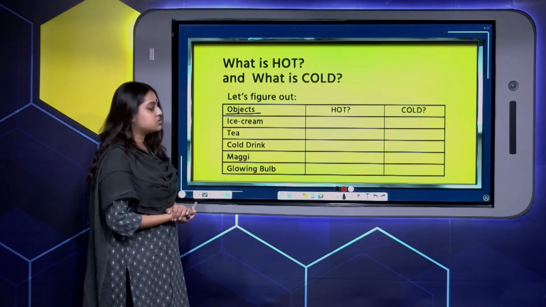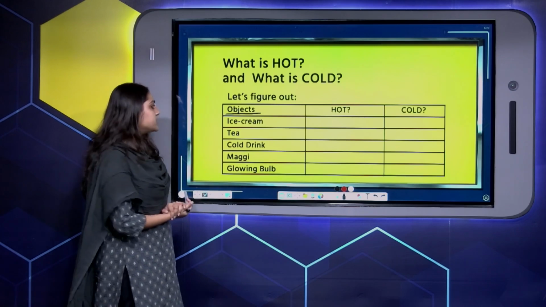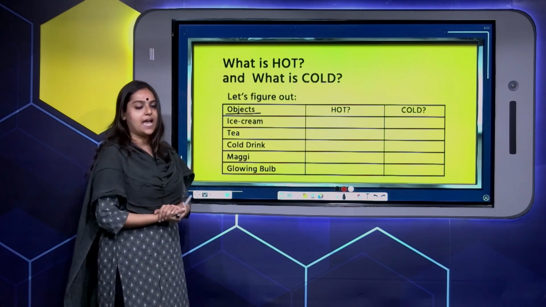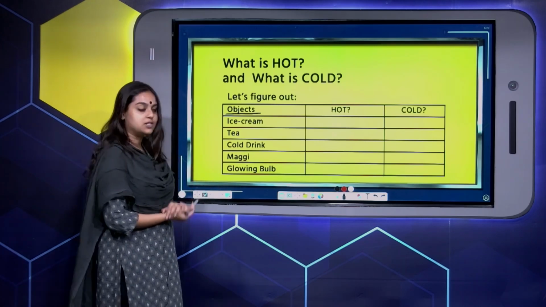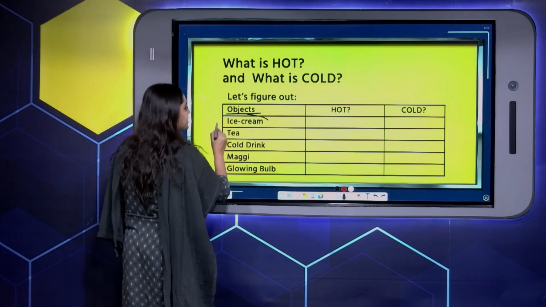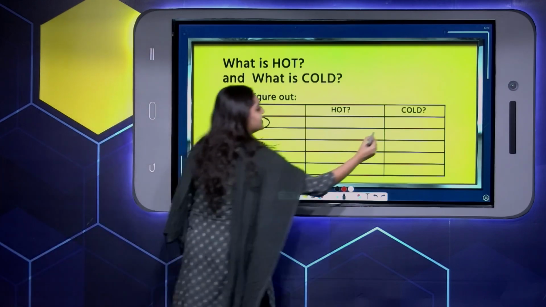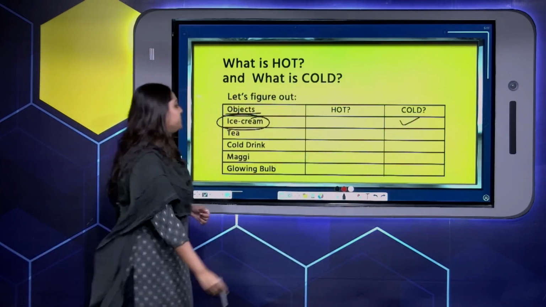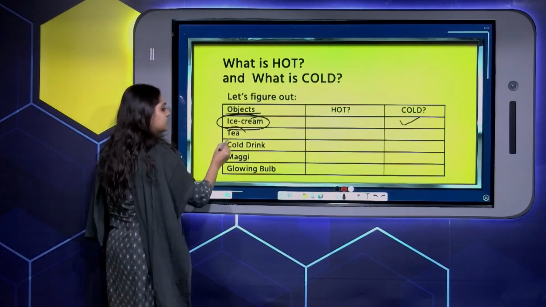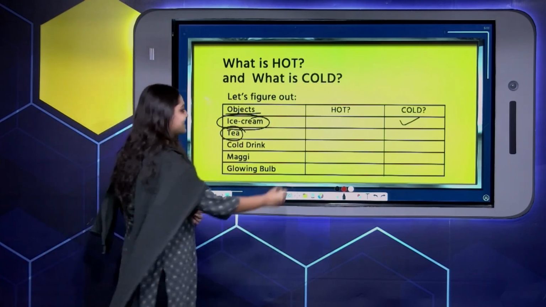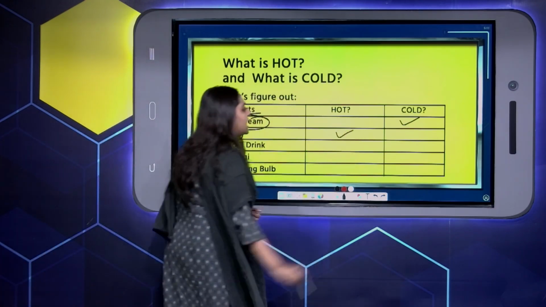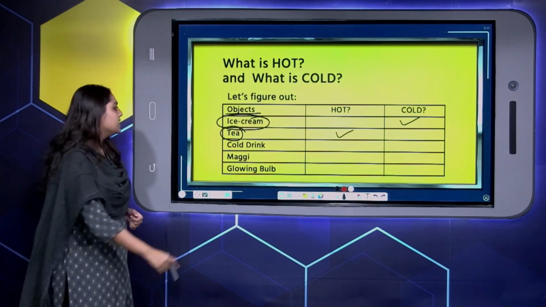We need to find out which object is hot and which is cold. So, ice cream, is it hot? No, it is cold. So, we give a tick here. Tea, obviously it's hot. So, we put a tick under the hot column.